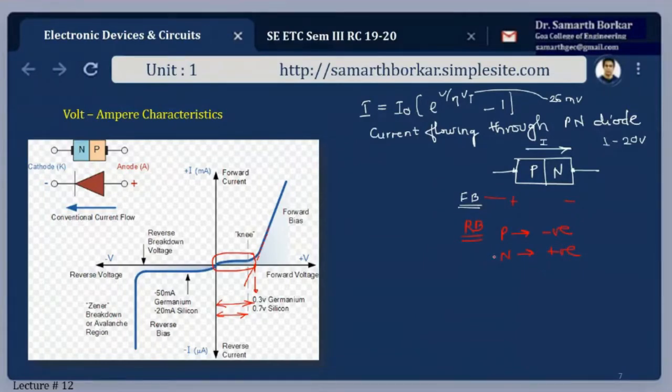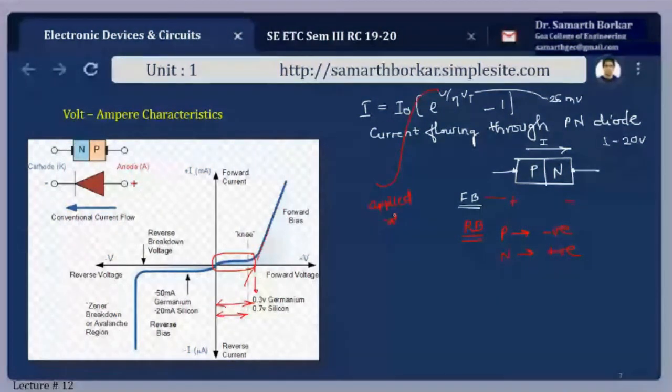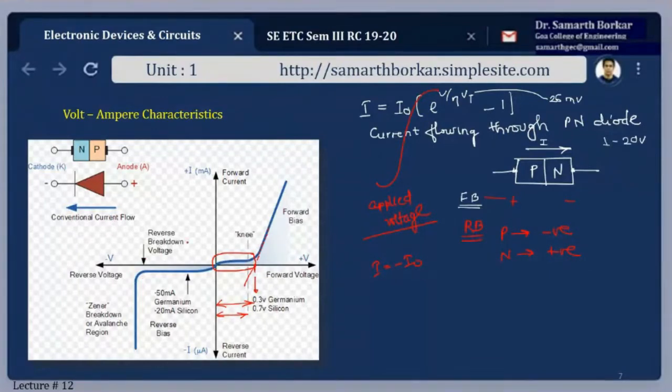And V, again the applied voltage, if this voltage is several times Vt in magnitude, then I is equal to minus I naught. This reverse current is therefore constant, independent of applied reverse bias. And then at certain voltage, it undergoes a breakdown. So this is just the volt ampere characteristics.